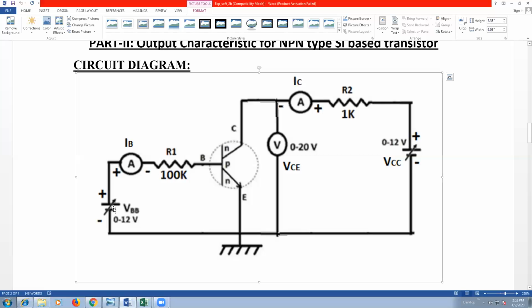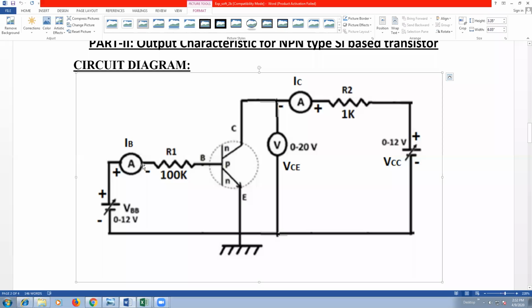As in the previous experiment, we have to make this circuit. First we make the input loop, starting from the positive terminal of VBB. We connect it to the positive terminal of a milliampere meter.